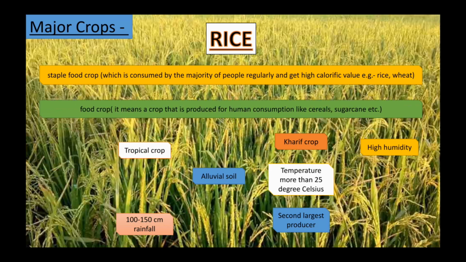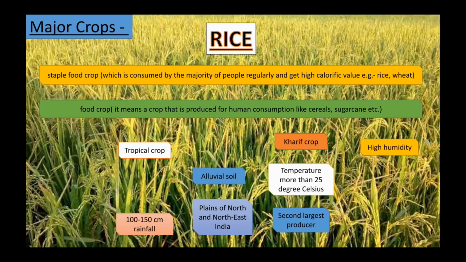My dear students, it is an important food crop, isn't it? So what is a food crop? It means a crop that is produced for human consumption, like cereals, sugarcane, and like this. It is grown in the plains of North and Northeast India, and also the delta areas of coastal India.